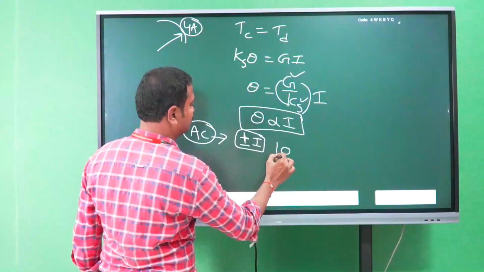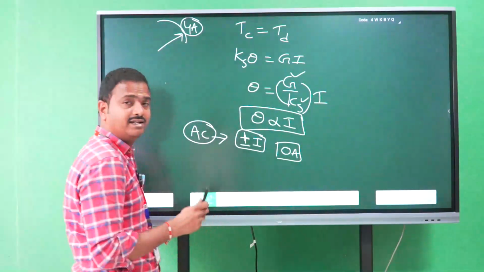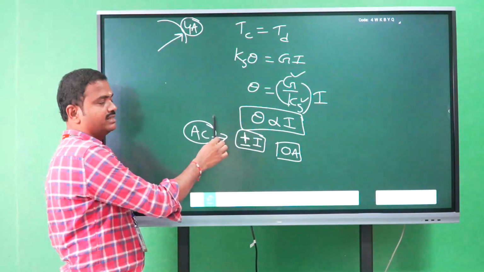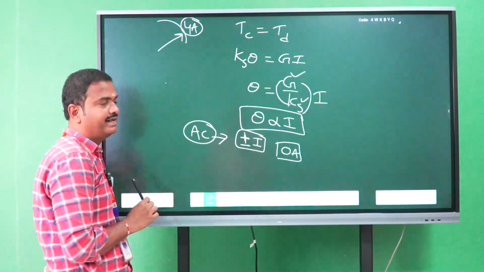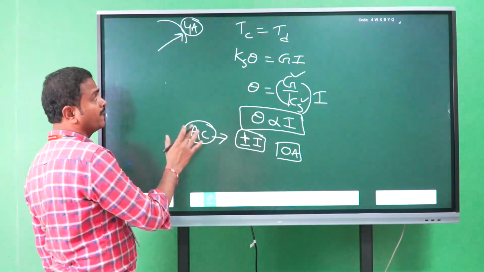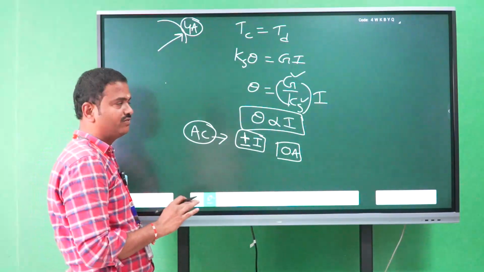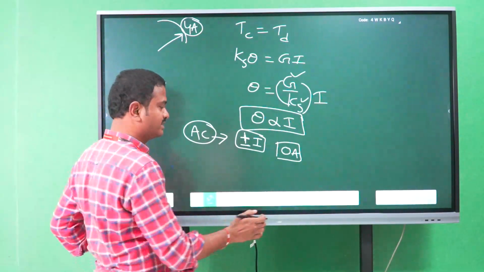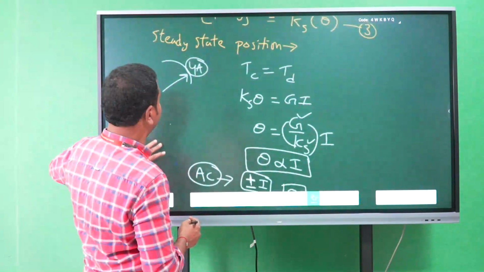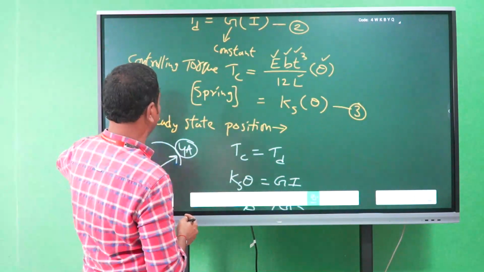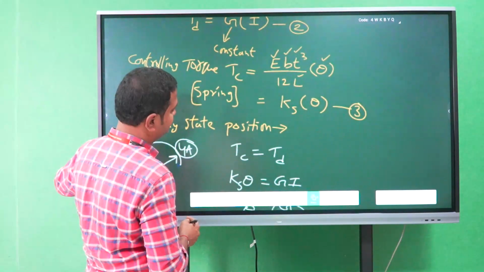It is 0, right? So 0 amperes. That means the pointer does not move on the scale to represent the value. That's why this PMMC instrument is only used for DC quantities measurements. So applications are DC ammeter and DC voltage measurements only.